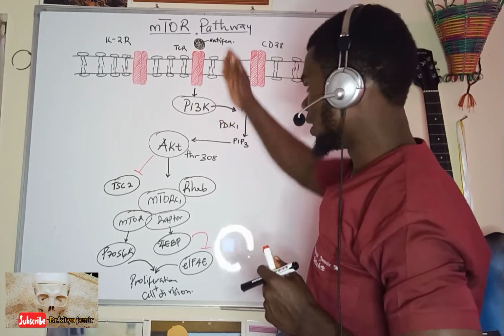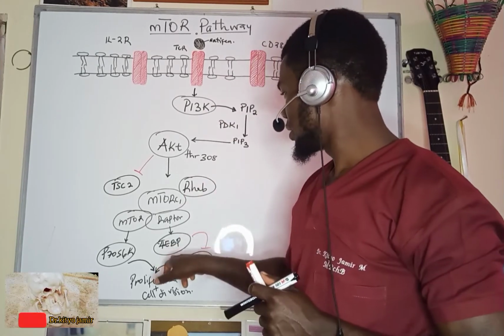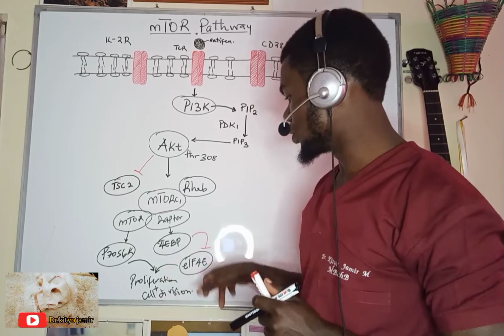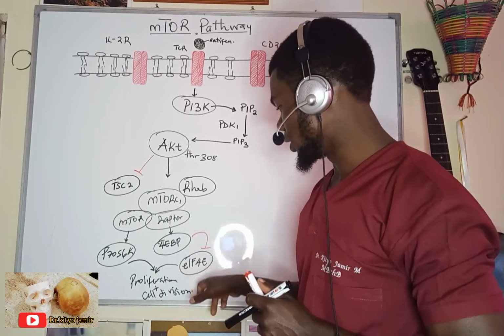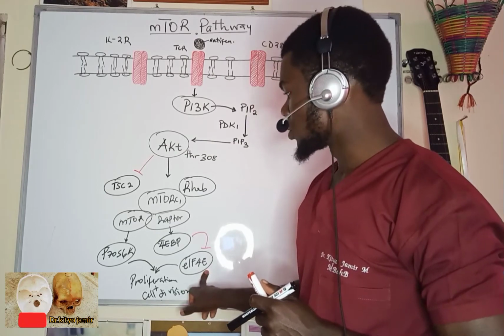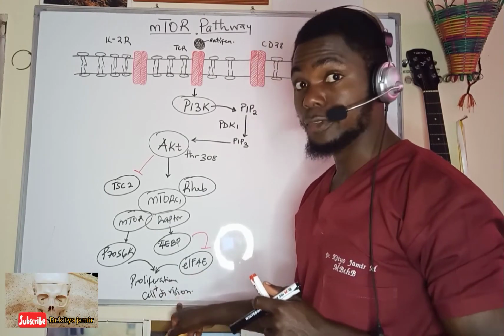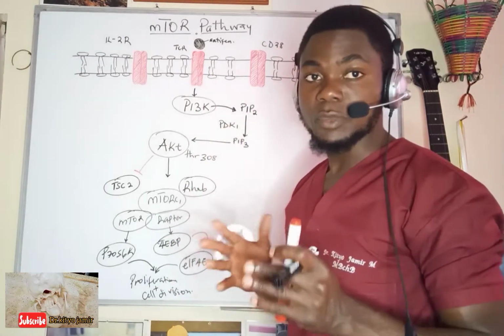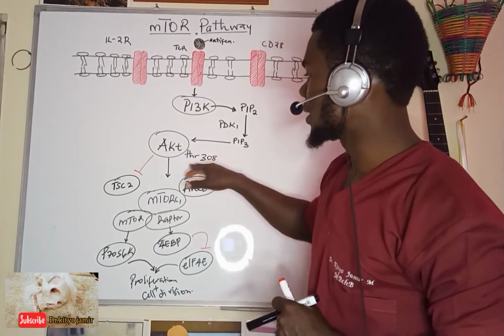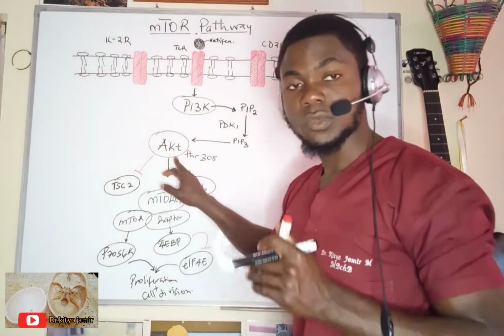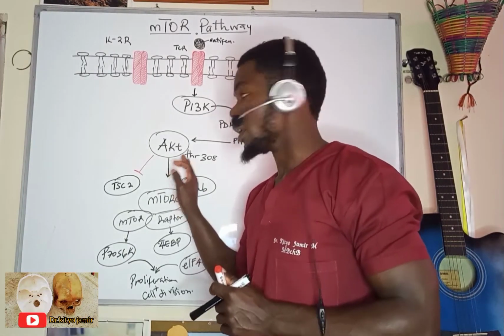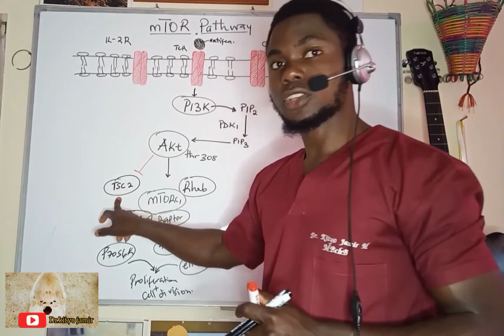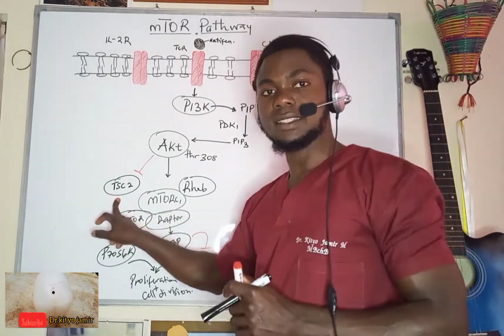So when the system is not on, this 4E binding protein is going to inhibit the eukaryotic transcription initiation factor 4E. So we shall not have proliferation and cell division. The same regards, if you have factors like glucose deficiency, starvation, we are going to have tuberous sclerosis factor being activated.